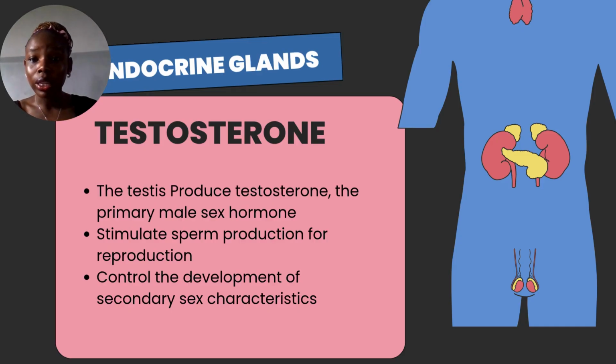The oversecretion of testosterone results in too early maturation and unnecessary urge for sex. And the undersecretion of testosterone results in late maturation, late puberty, and unnecessarily low libido in men.